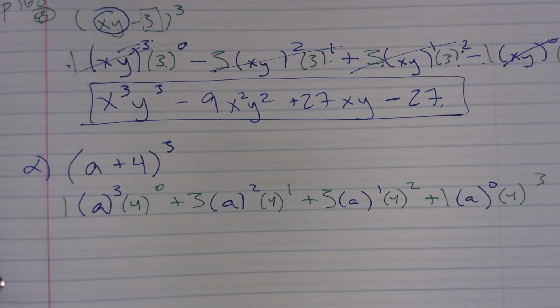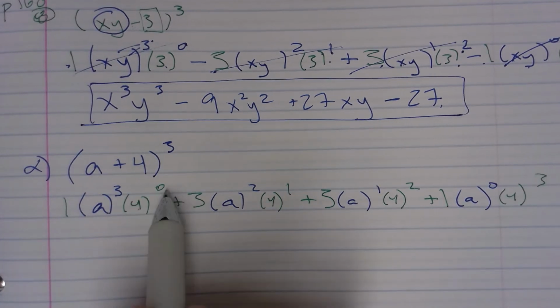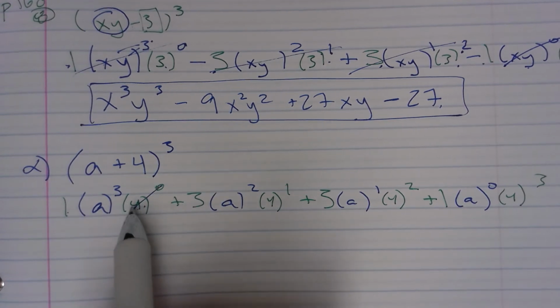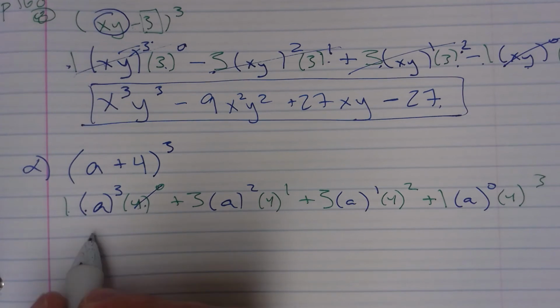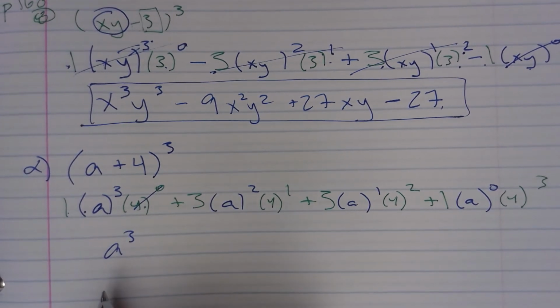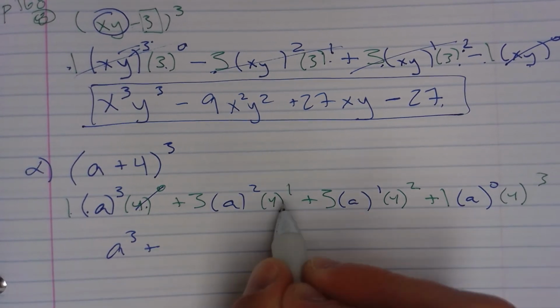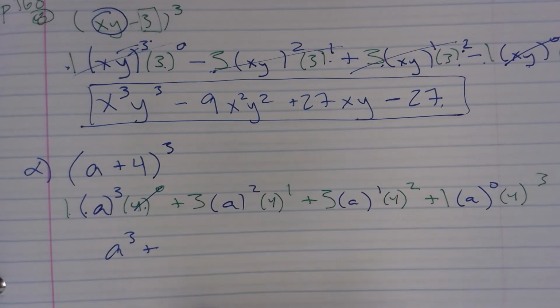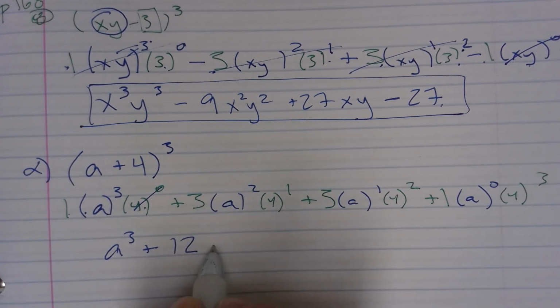And then start. 4 to the 0 is 1. 1 times 1 is 1. A cubed is A cubed. Plus, 4 to the first is 4. 4 times 3 is 12. A squared is A squared.